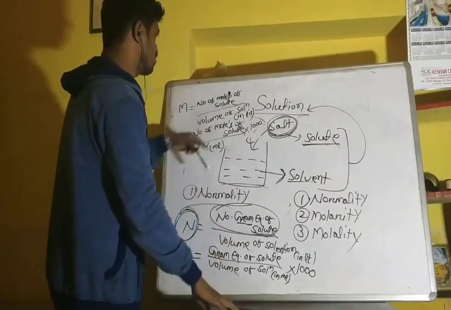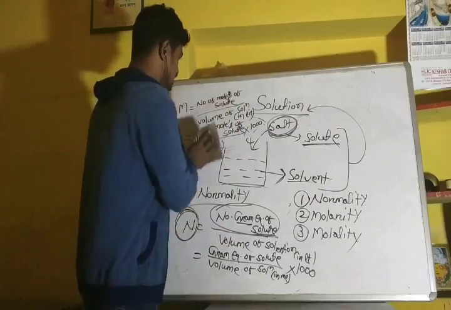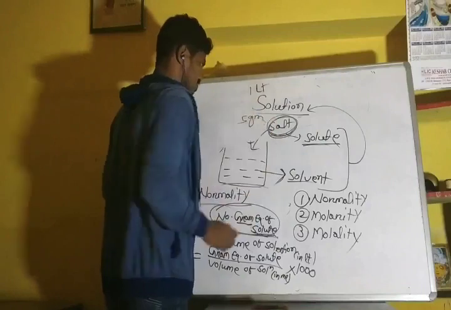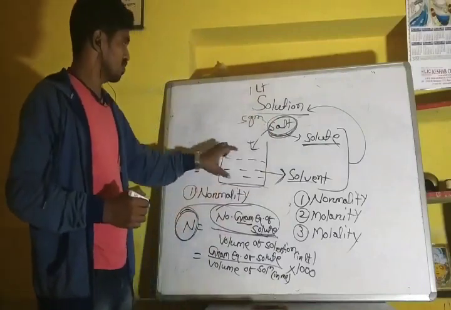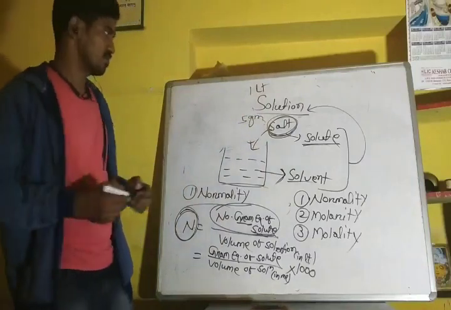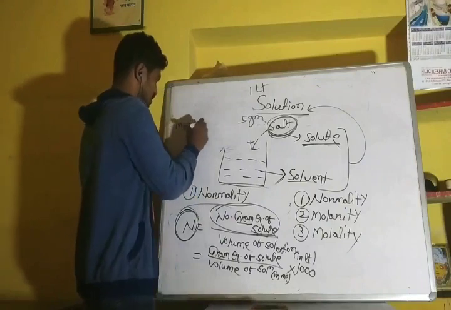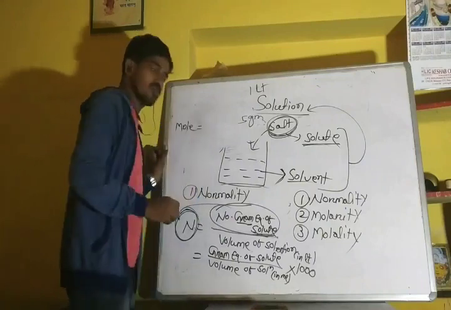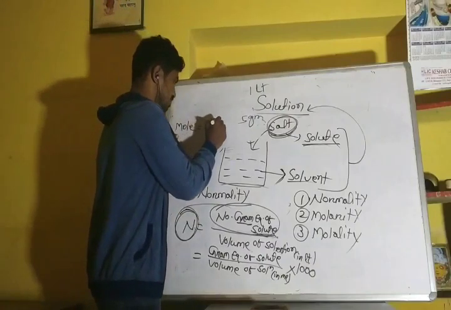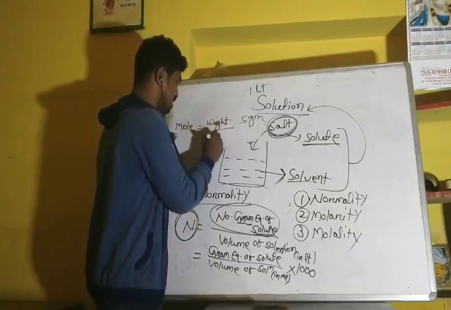So how to find the moles of the solute? Suppose we make a solution of 1 liter by adding 5 gram of salt, that is NaCl. We know the formula, mole is the weight by gram molecular mass.